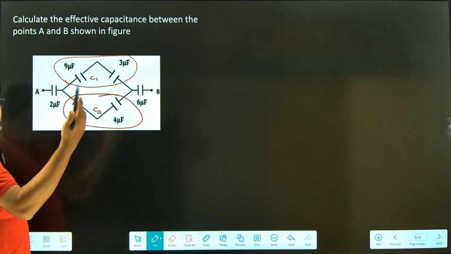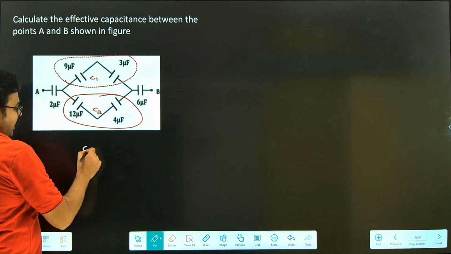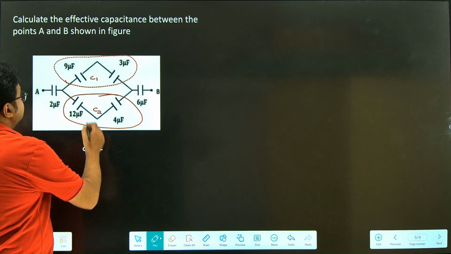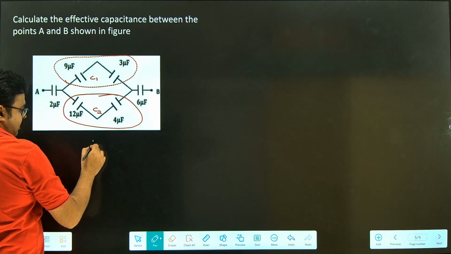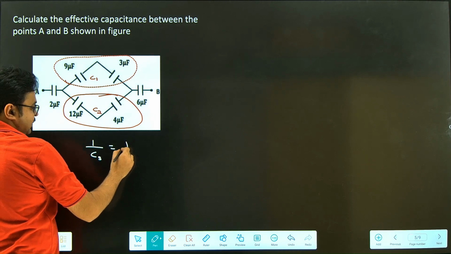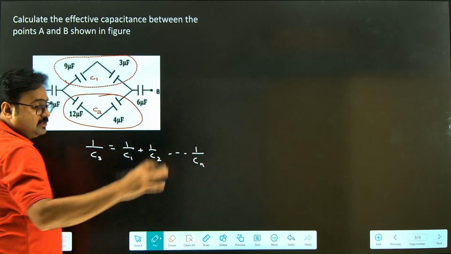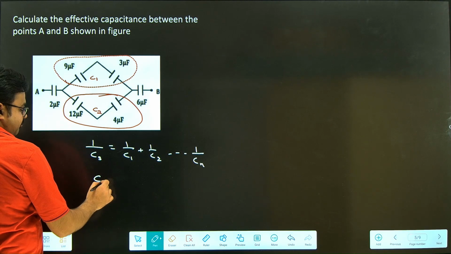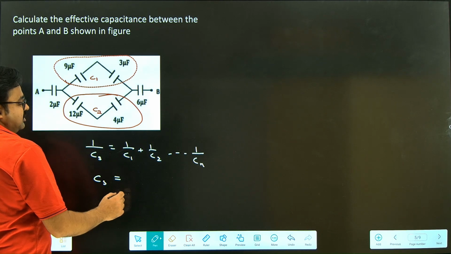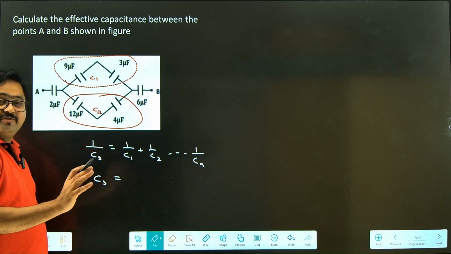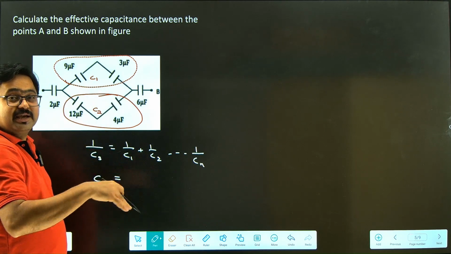Both of C1 and C2 are in parallel, so their capacitances would get added up. So we have C1 equal to these two, because it's simply 1 by C1. When they are in series, 1 by C is 1 by C1 plus 1 by C2 and so on till the nth capacitor, which simply means that if you have two capacitors, you can simply say first capacitor into second capacitor divided by first capacitor plus second capacitor, meaning in this case 9 into 3 divided by 9 plus 3.